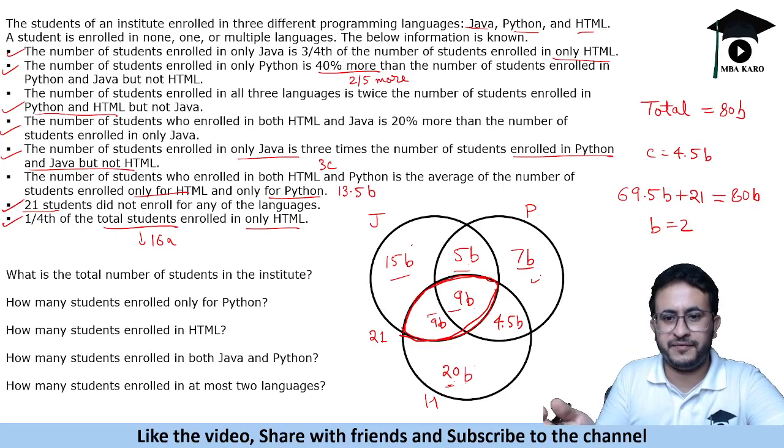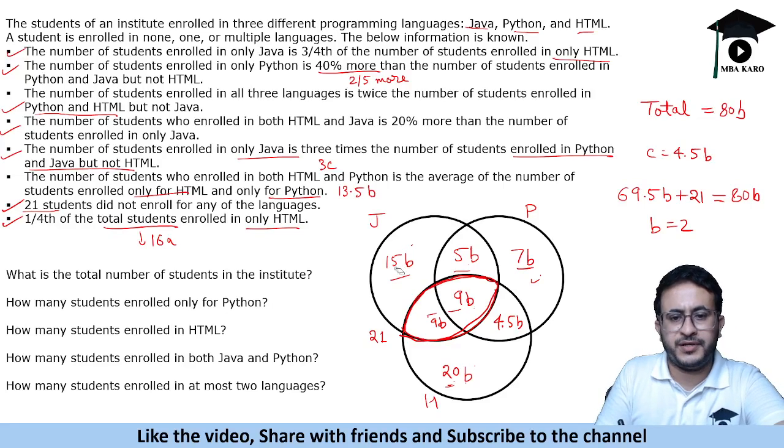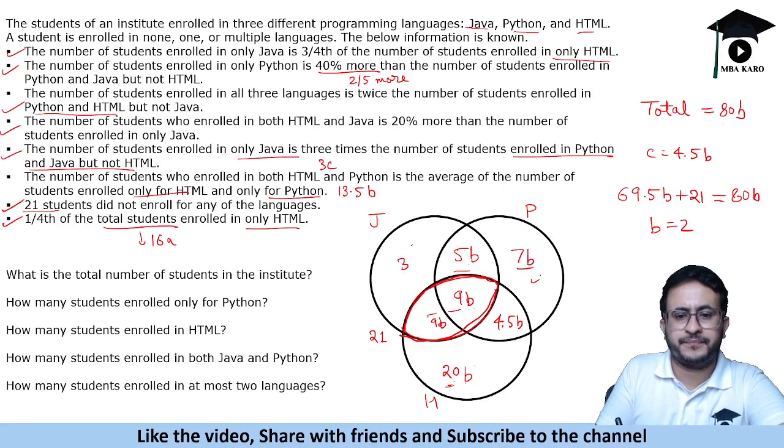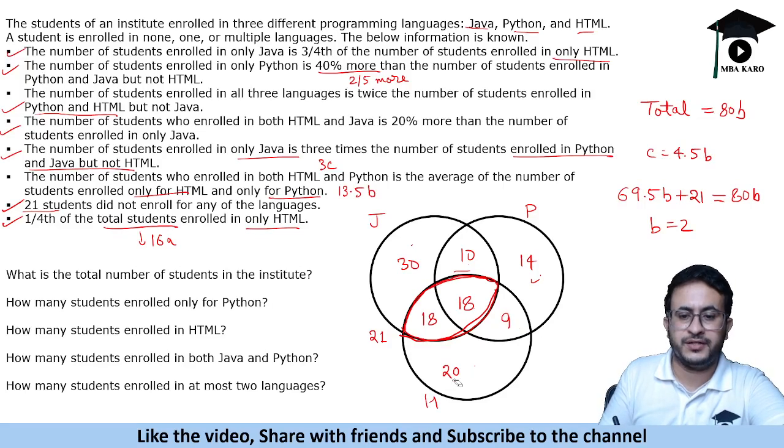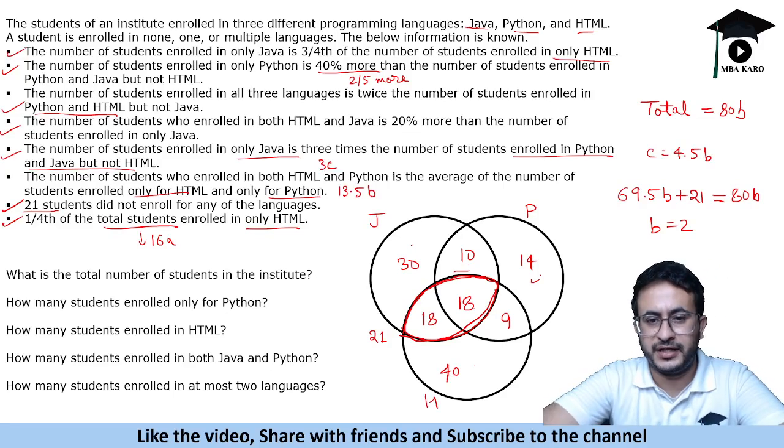So multiply all the values by 2, you will get the desired numbers. So this number will be 30, this is 10, 14, these two numbers are 18 and 18, this is 9 and this is 40. So these are the numbers that you will get for this Venn diagram.